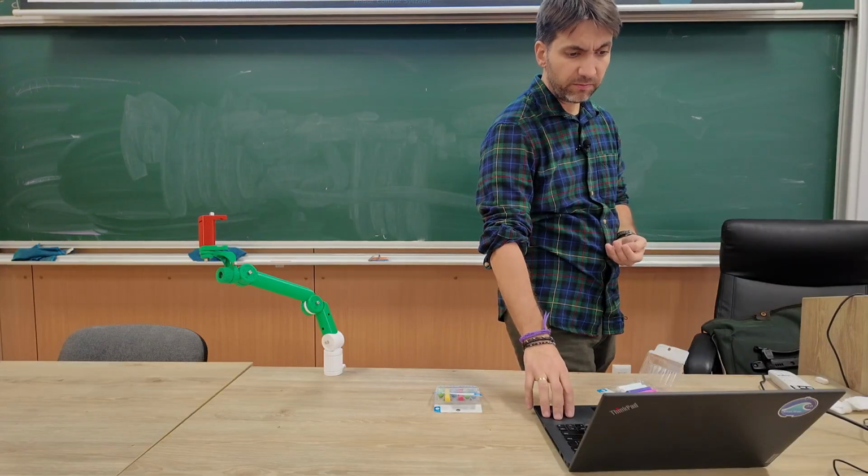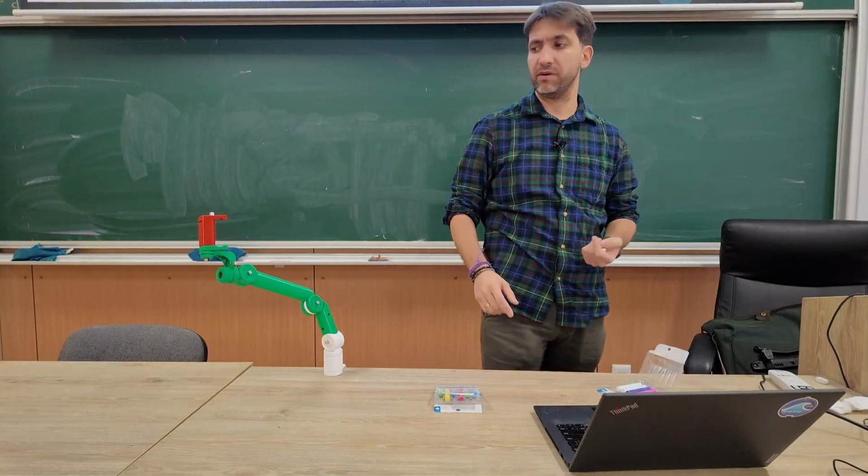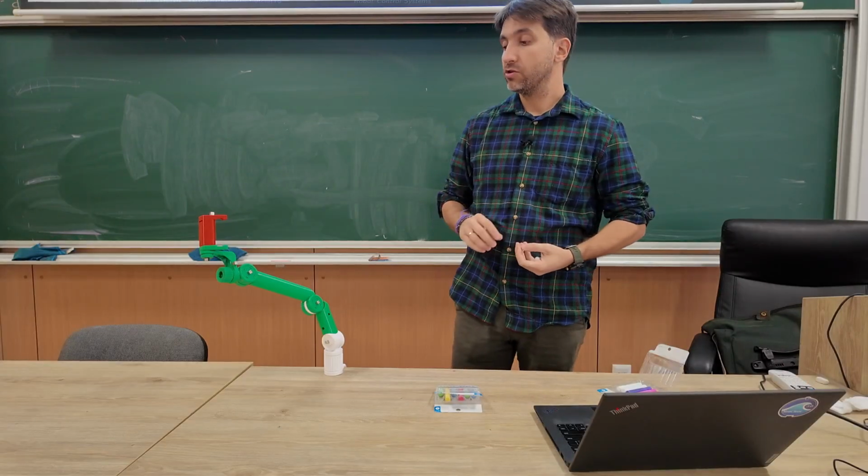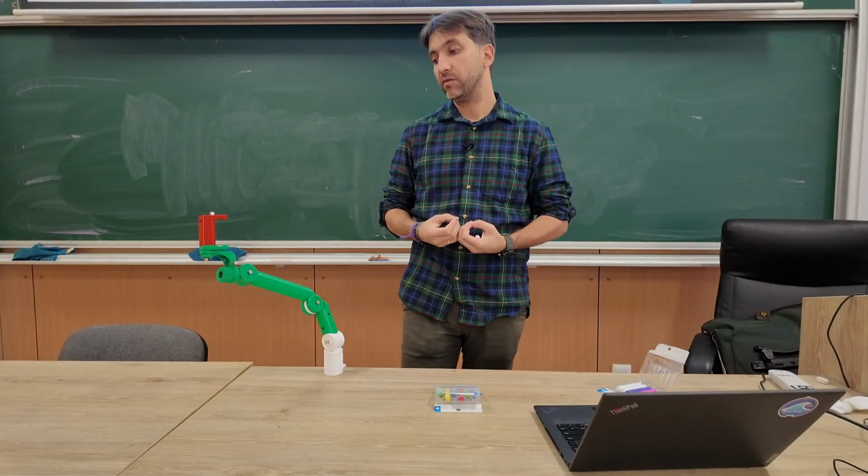What should the action be? You said some ideas, current and voltage to the joints. Yes, but in the end, if we have this kind of process, the input to the process is what here? The torque, right? So we need to somehow control the torque.